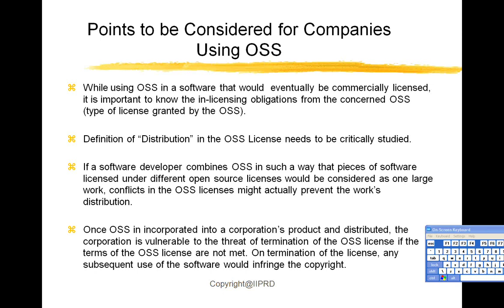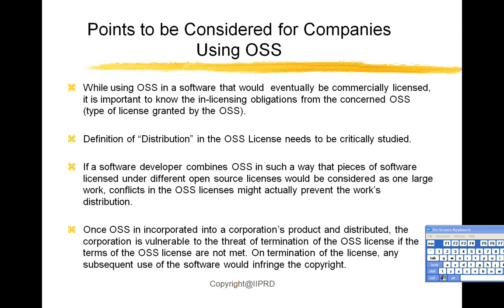Now, if a software developer combines open source software in such a way that pieces of the software licensed under different open source licenses would be considered one large work, then conflicts in the open source licenses may actually prevent the work's distribution in totality.